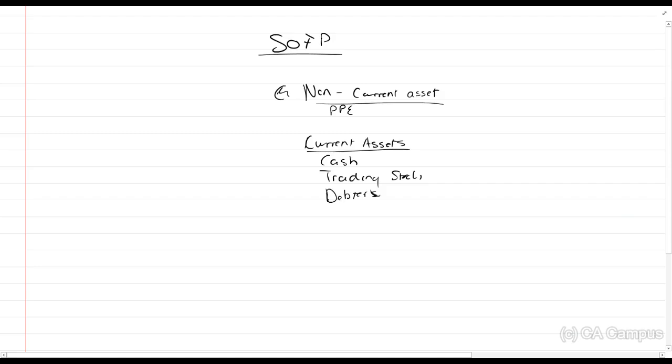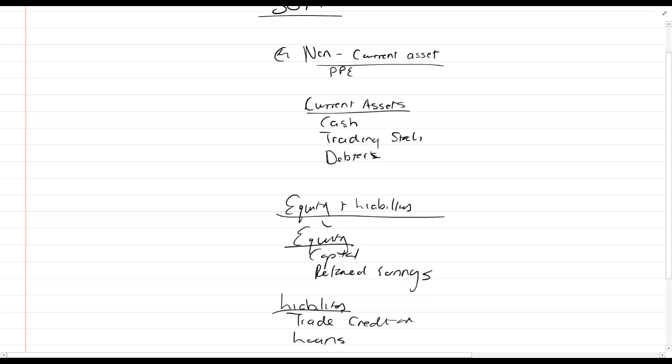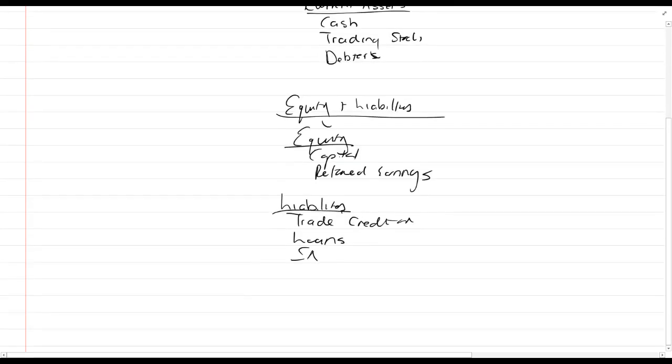Then you have your equity and liability section, which is your equity. It's like your capital, retained earnings. And then you have liabilities: trade creditors, loans, and I'm going to add one extra one here. SARS, when you have to pay SARS, that's also a liability.